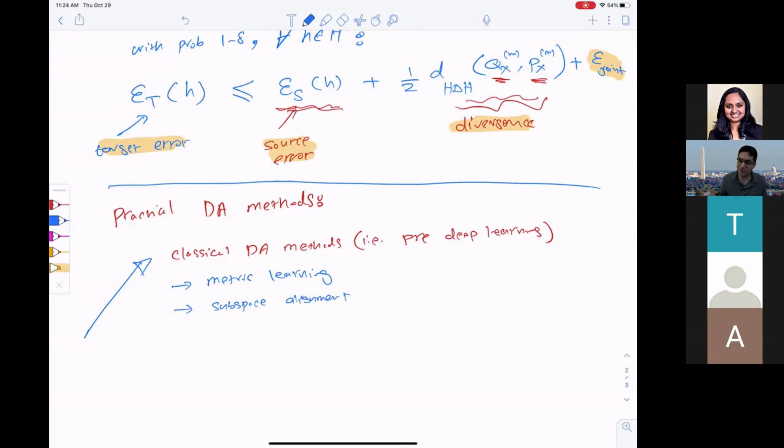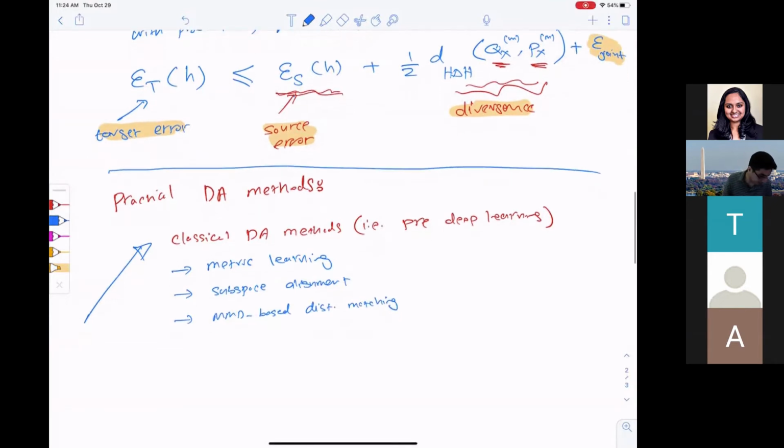So the whole idea of subspace alignment is to find a transformation to align these source and target subspaces. There are some classical results based on MMD-based distribution matching.